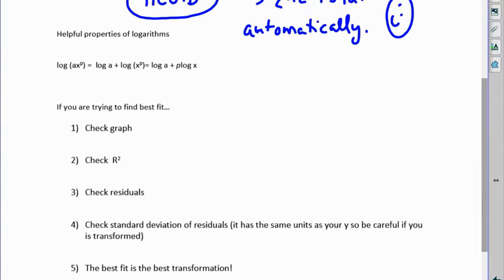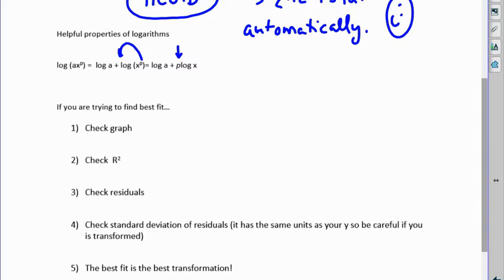So, helpful properties of logarithms. Hopefully you remember things about expanding and condensing your logarithms, and how you can bring the power out in front of a logarithm. We'll be using that to solve for missing values in our equations.